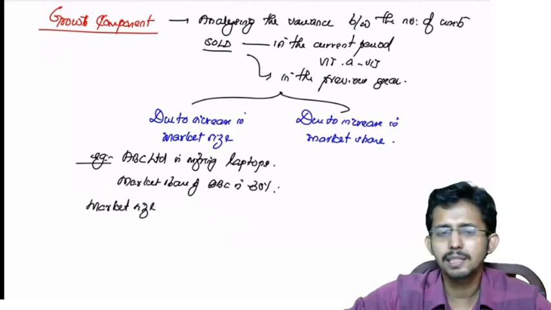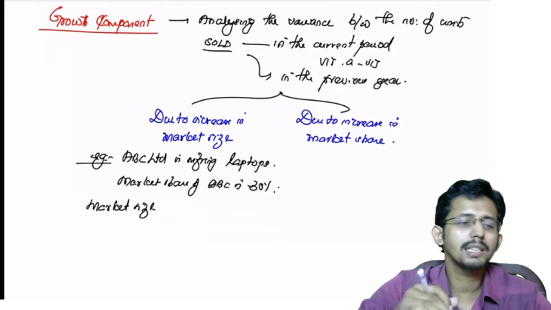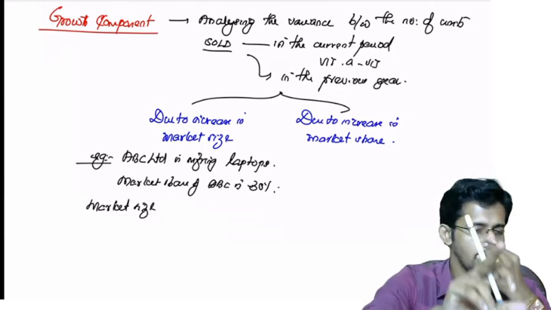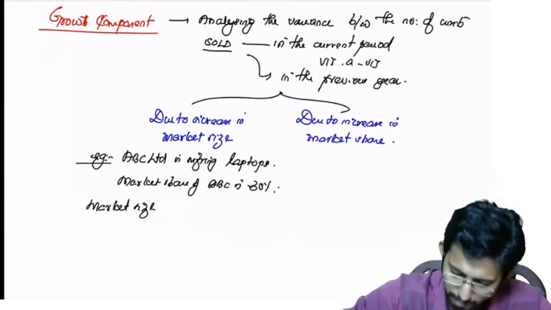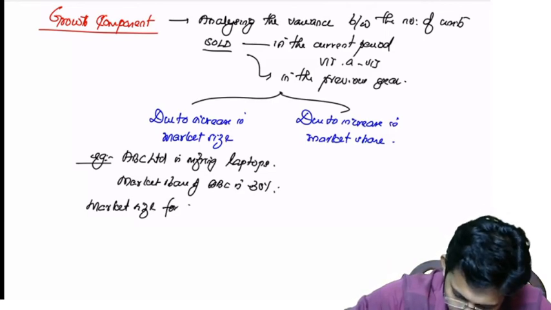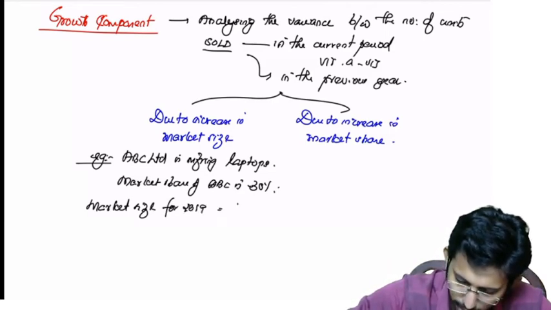Now for the market size, what do you mean by market size? It is the size of the market which is measured in terms of the number of units sold in the market for a particular period. Okay, market size for 2019 is equal to 1 lakh.